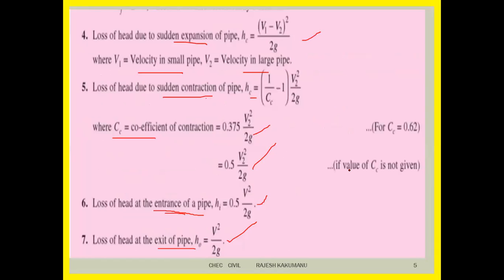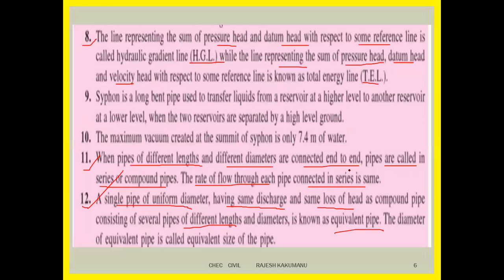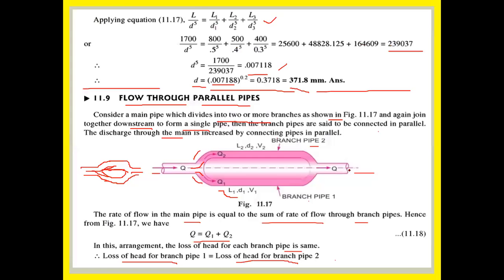For the minor losses, we have various other problems, that is at the contraction, at the expansion, at the entrance of the pipe, the exit of the pipe, and also the pipe fittings, various pipe fittings, and the bend of the pipe. So like this, we have various parameters for the minor losses. Next, coming to the HGL and TGL, and also we have discussed series pipes and parallel pipes.